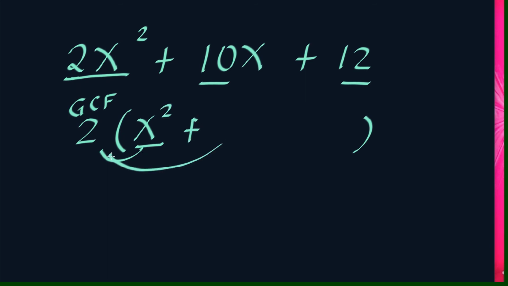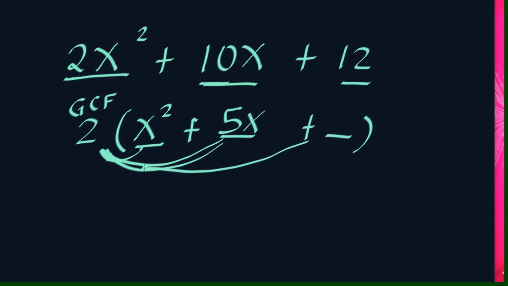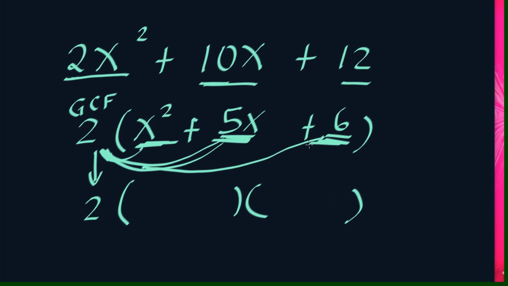And then 2 times what number gives you this 10x? That's a 5x. And then 2 times what number gives you the 12? So 6. Now this 2 as the GCF, all we need to do is just bring it down, before we do this trial and error method for our reduced quadratic trinomial.